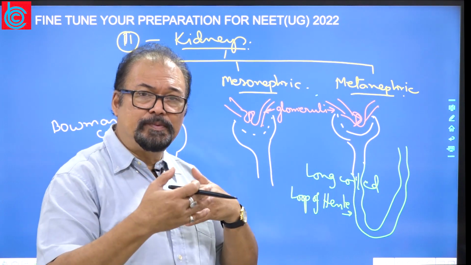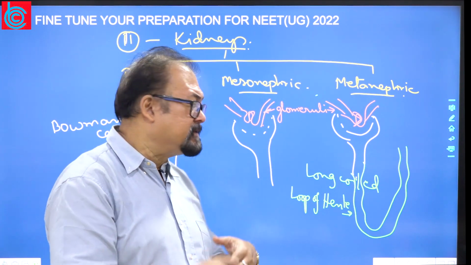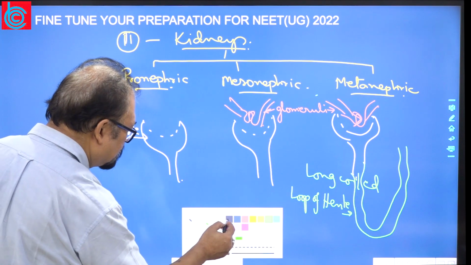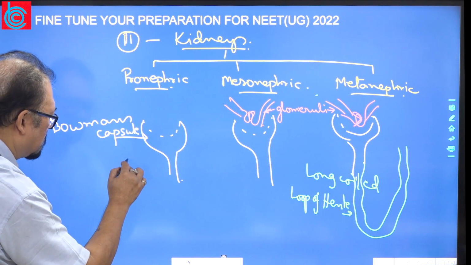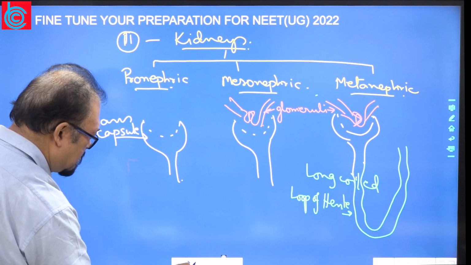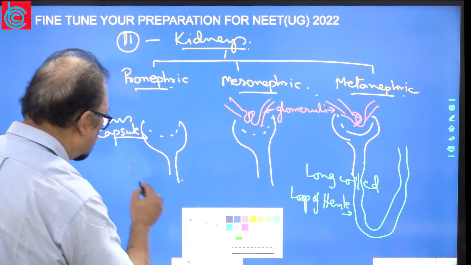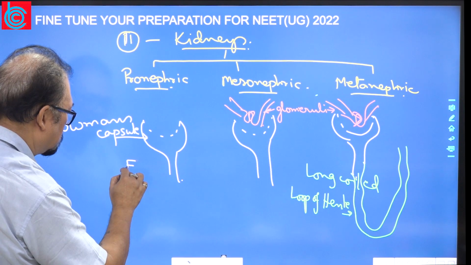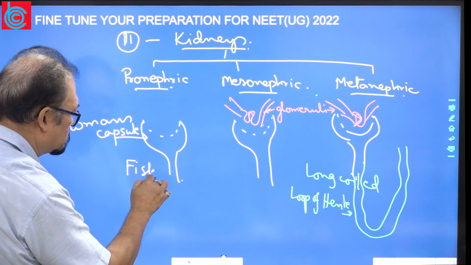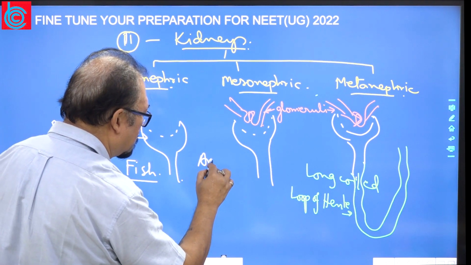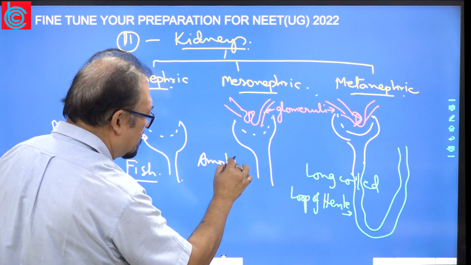So in which group of the animals, what type of kidneys are present? The pronephric kidney, it is present in fish, Pisces. Advancement, mesonephric kidney, amphibia.